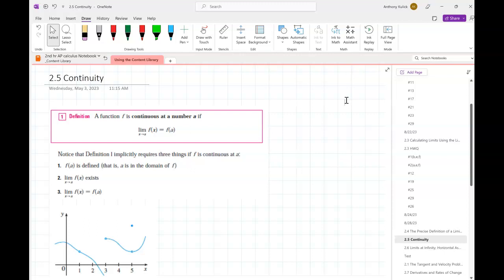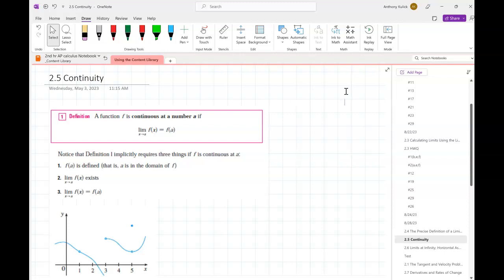Here, we're going to give ourselves a formal definition. So we're going to start with what it means to be continuous at a single point, and then extend that to what it means to be continuous over an interval. And ideally, we talk about continuous over an entire domain because a domain is just an interval, right?